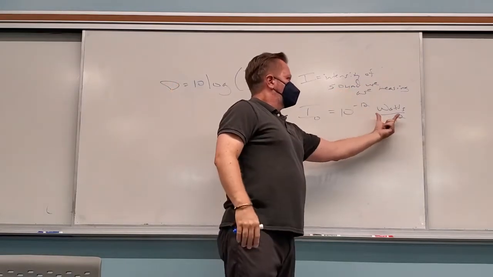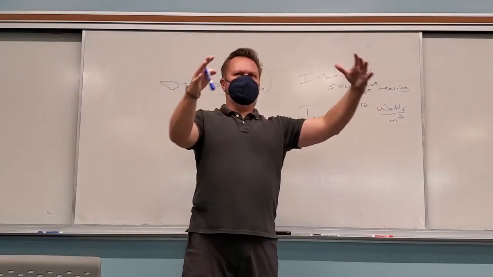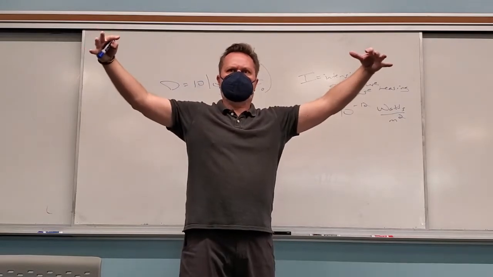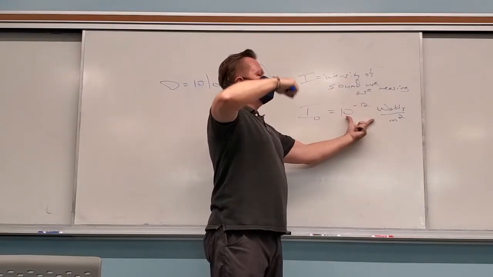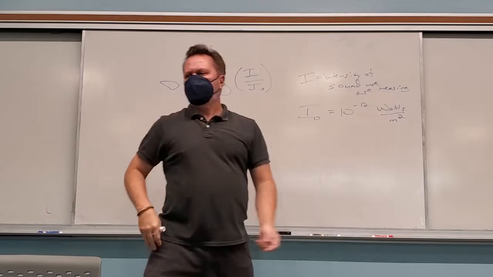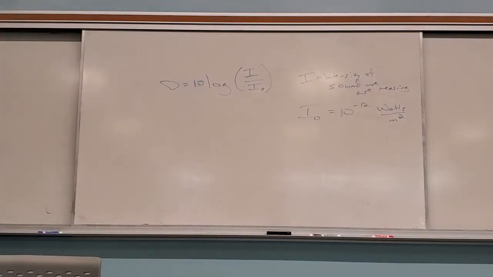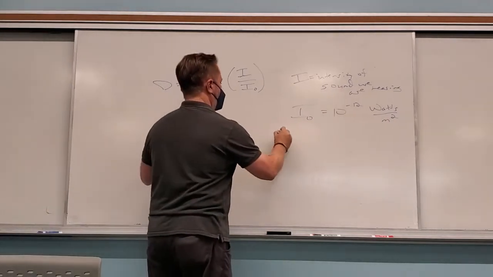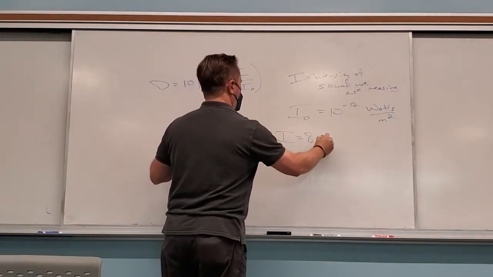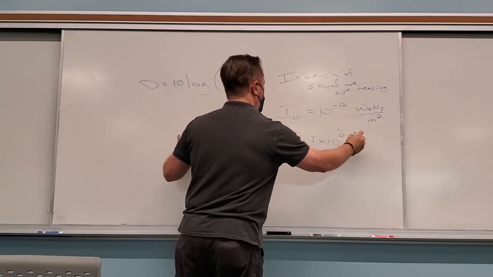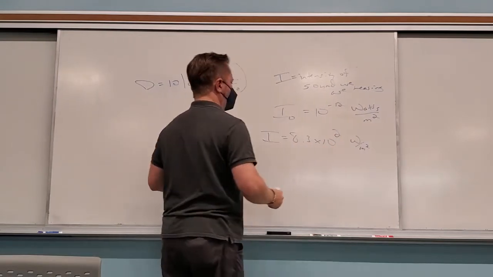So this is at the source. This is how many watts per square meter it's putting out, right? The sound source. This is what we compare things to. And then they ask us: how many decibels are emitted from a jet plane with a sound intensity of 8.3 times 10 to the second watts per square meter?